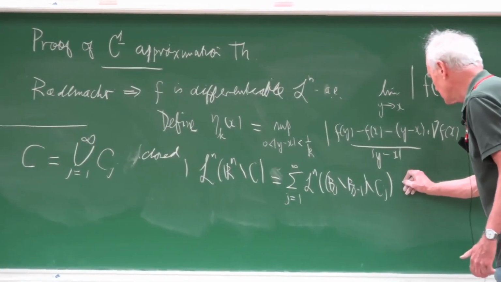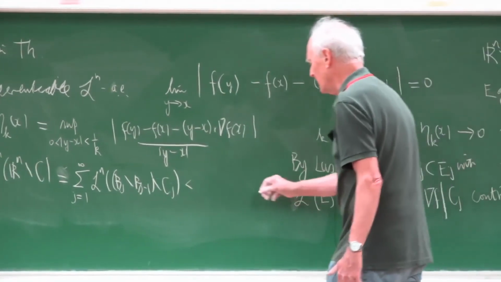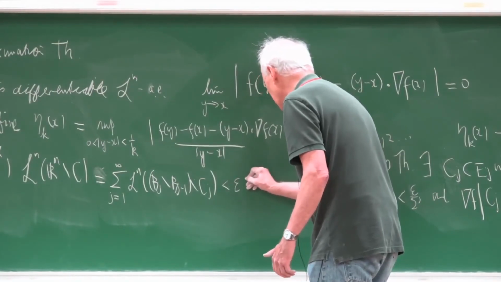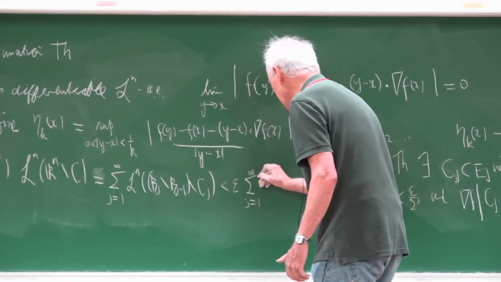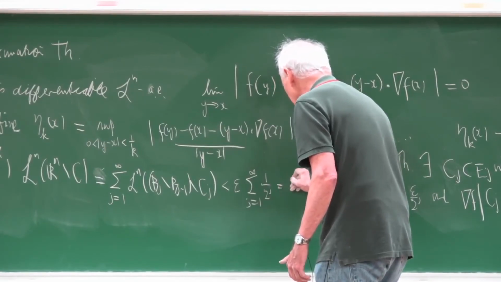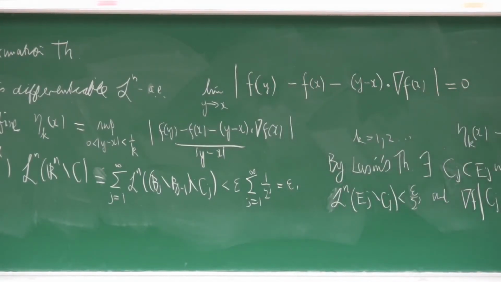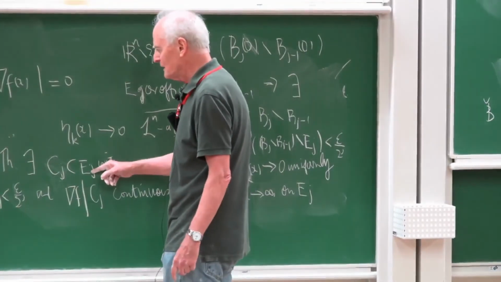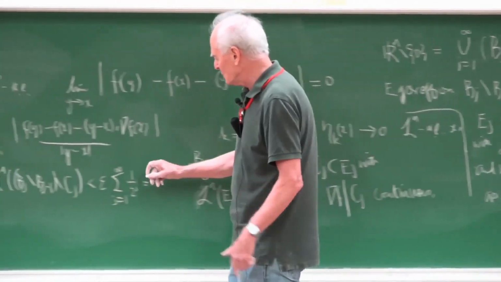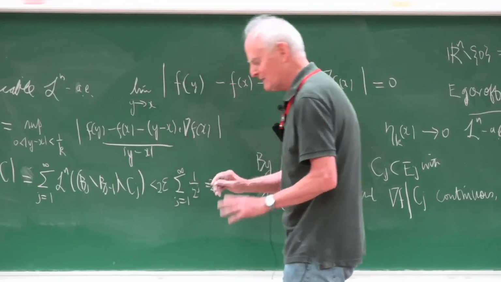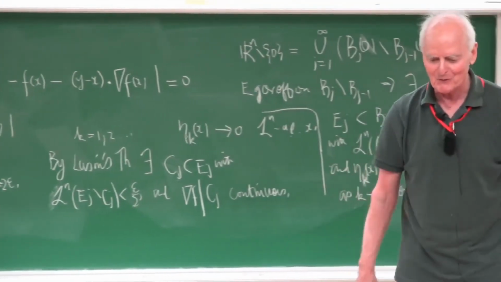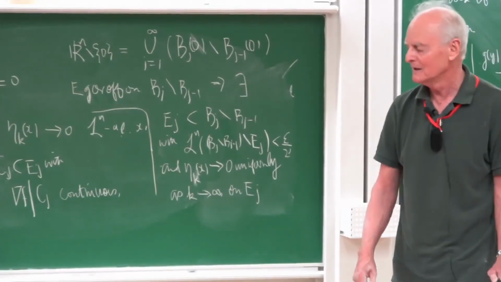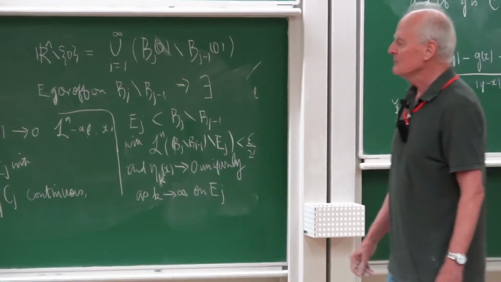And that's less than epsilon times the sum, j equals 1 to infinity, of 1 over 2 to the j, which is equal to epsilon. So that's great. Oh yeah, I probably made a mistake there, didn't I? Because Ej eats up all but epsilon, and Cj eats up all but epsilon of Ej, so actually this is 2 times that. But that's okay, 2 epsilon is fine. We could have started off with epsilon over 2 instead of epsilon. So that's going to be our set C.